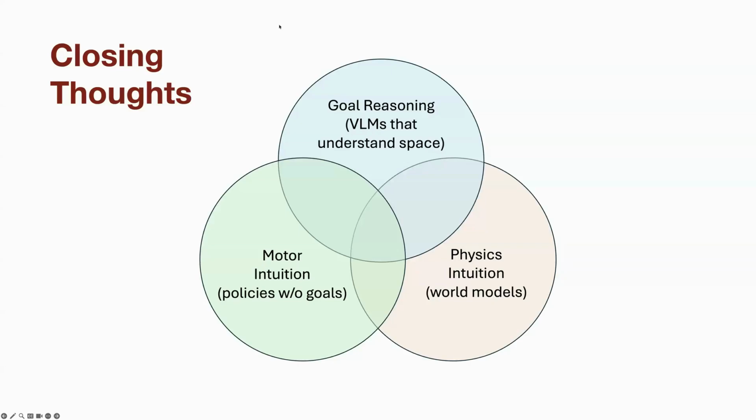Otherwise, we're producing behaviors particular for those goals. So if we don't have the goals, then it's a more meaningful way to integrate all of them with physics intuition and goal reasoning.